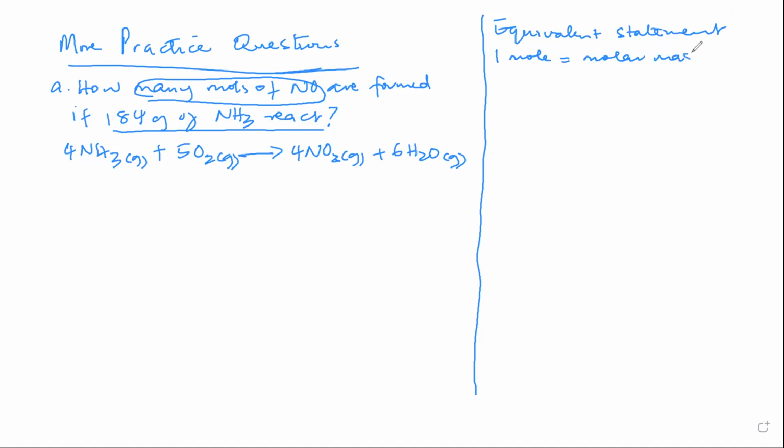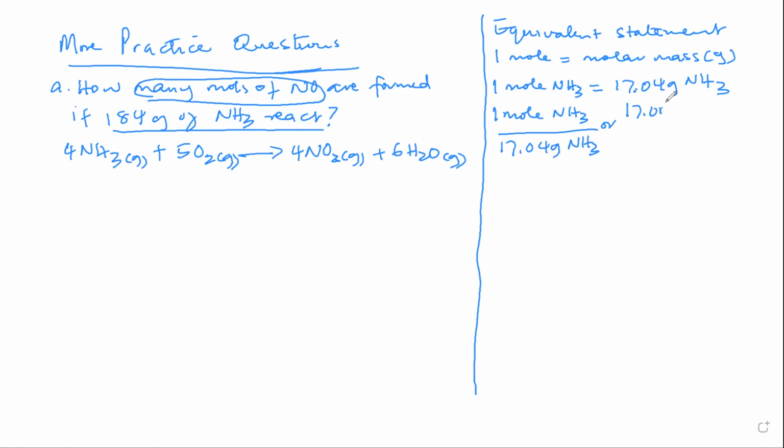We get the molar mass of NH3, which will be 17.04 grams of NH3, which will be 1 mole of NH3 over 17.04 grams of NH3, or 17.04 grams of NH3 over 1 mole of NH3.